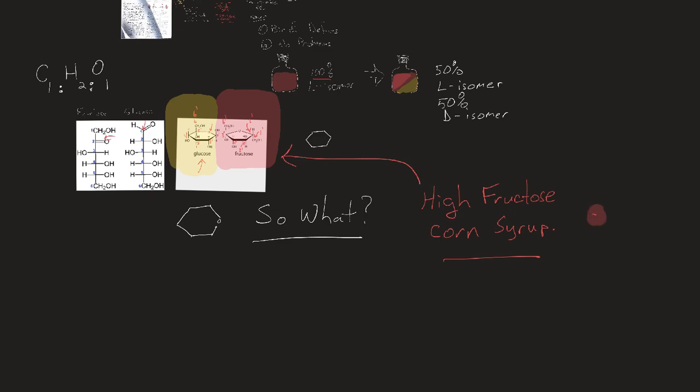That's a real problem for our bodies to digest, and it can cause liver damage. It can cause all kinds of issues metabolically with your being able to deal with that concentration of fructose in your body.